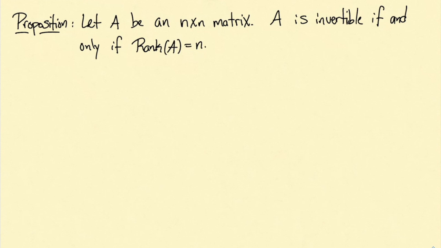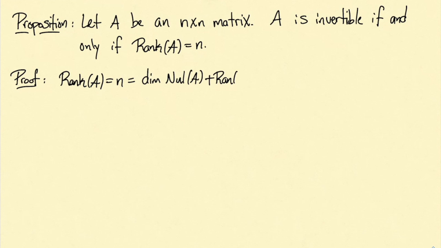The proof of this proposition is simply a translation of several equivalences that we already know. The first is rank nullity. Rank nullity tells us that the rank of A is n, which we can write as the dimension of the null space plus the rank of A, if and only if the dimension of the null space is 0.